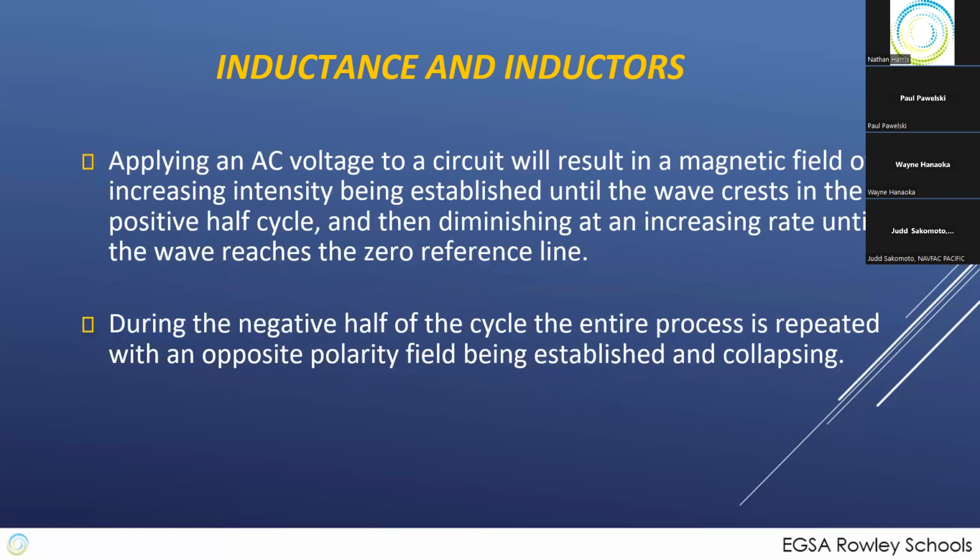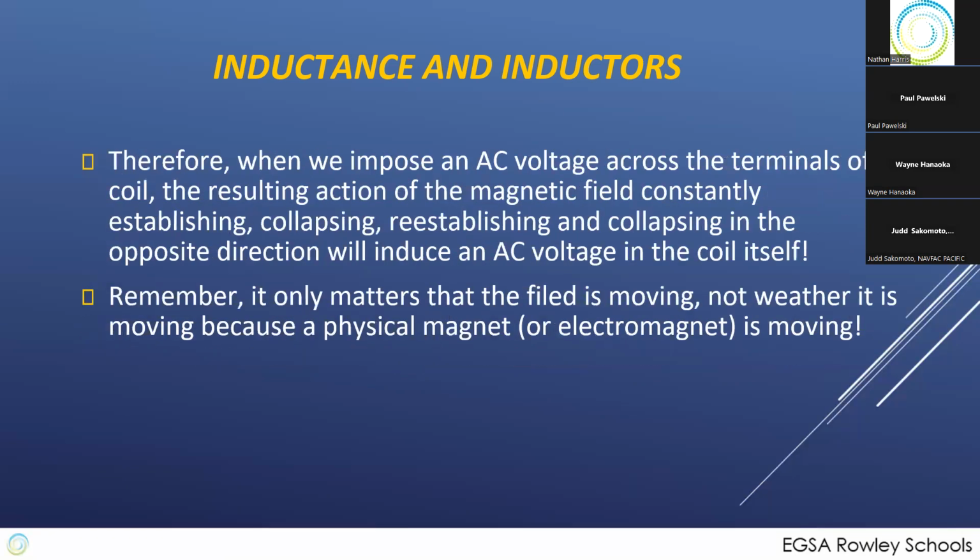If we apply an AC voltage, we're building up flux lines and expanding out the field, and then we're collapsing it down to 0, which means the flux lines are moving again relative to the wire coming in, and then they're going out in the opposite direction. So that means that we're repeating this back and forth. We are making the flux lines move just by having an alternating current in the wire.